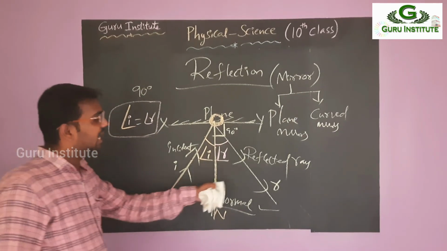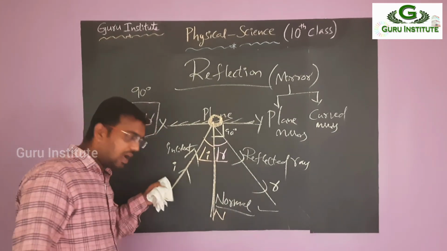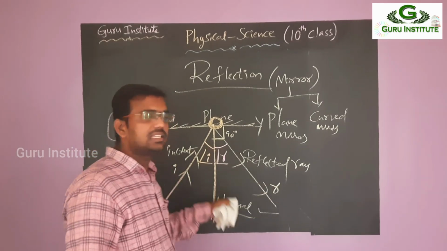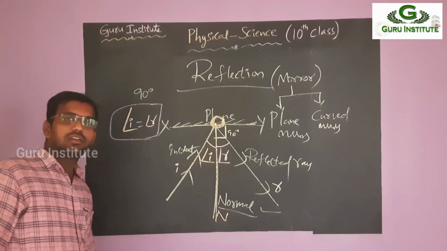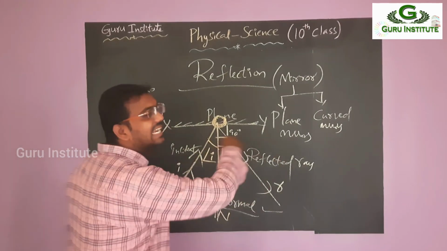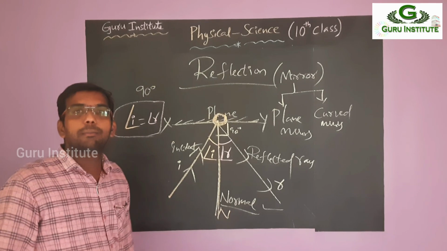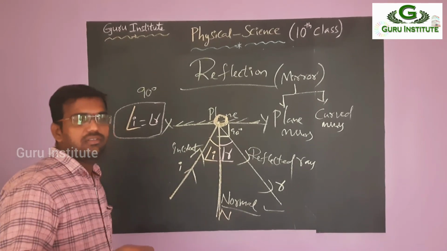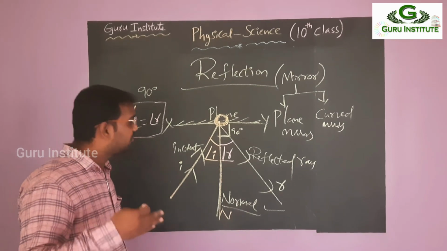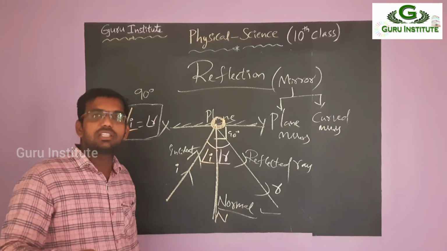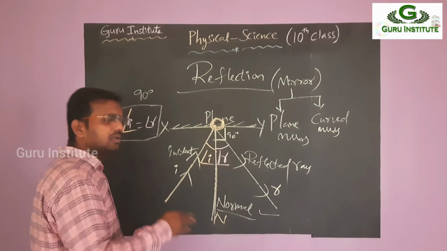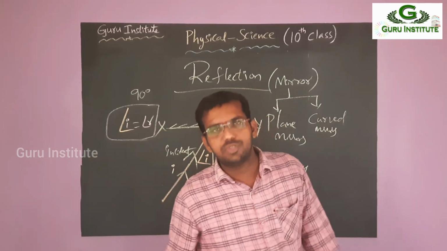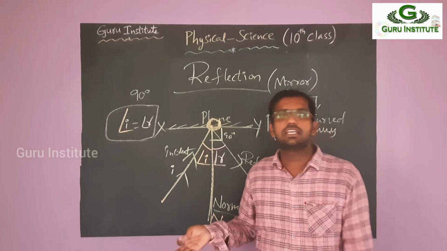Then these three lines, the incident ray I, the normal N, and the reflected ray R, lie on the same side of the mirror. So this is called the medium. Medium means the object or source in which it is traveling. Generally the medium is air, water, or any object; solids, liquids, and gases are taken as a medium.